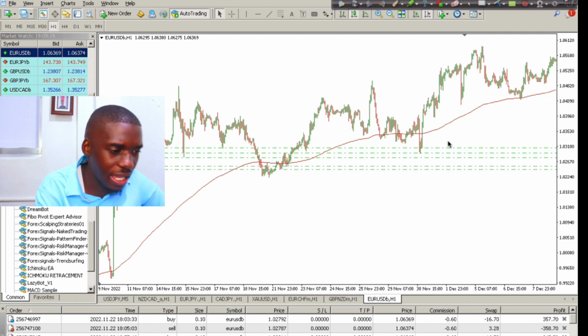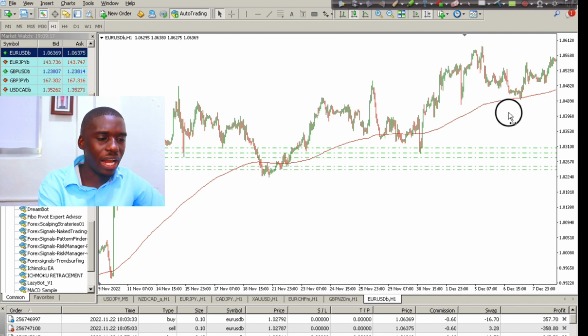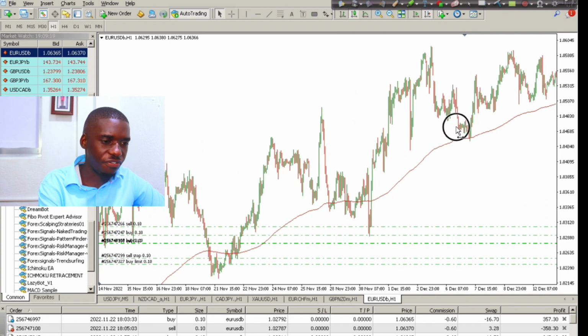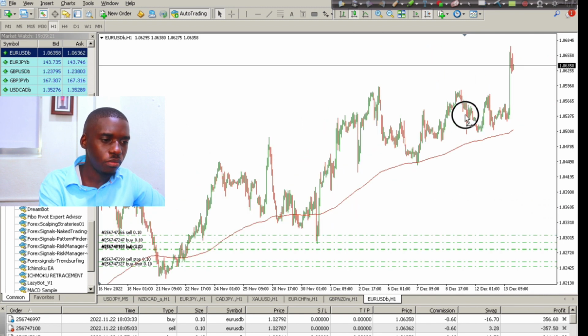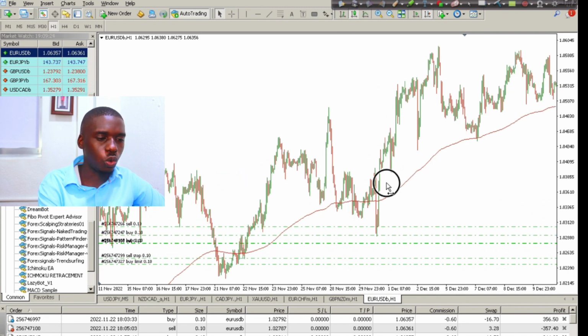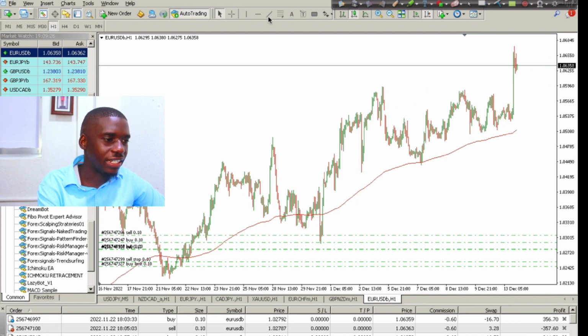Like for instance, when you look here, this is generally an uptrend. Now, if this is an uptrend, we can choose to draft a trend line, and this is the trend line.